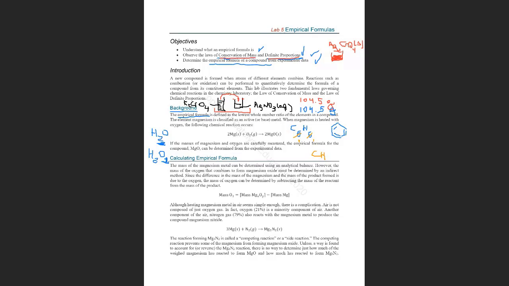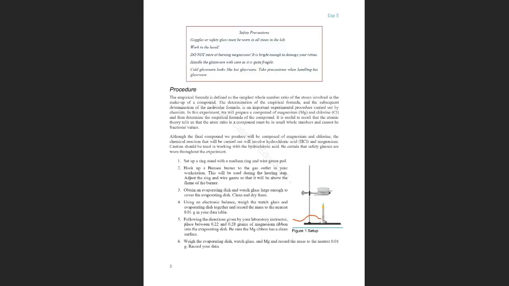And then they are telling us how we are going to calculate the empirical formula of a compound. In this case, they are giving us an example of calculating the empirical formula of magnesium oxide. But we are not going to perform this one, we are going to perform a different one.